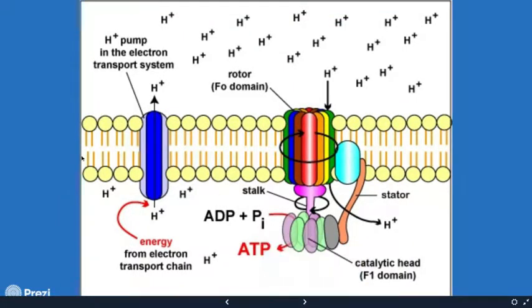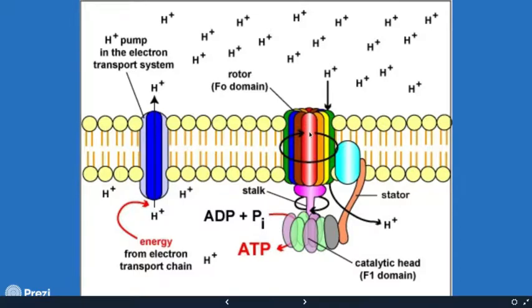So here we have our inner mitochondrial membrane, our inner mitochondrial matrix. From our electron transport, we have a high electrochemical gradient of hydrogen ions. They have to flow. They're going to flow down through this ATP synthase.